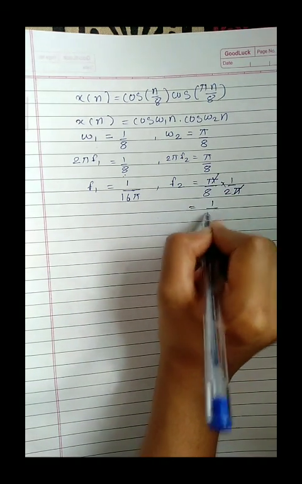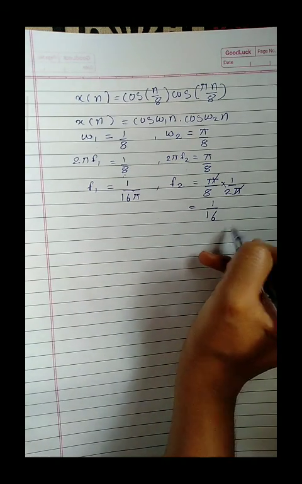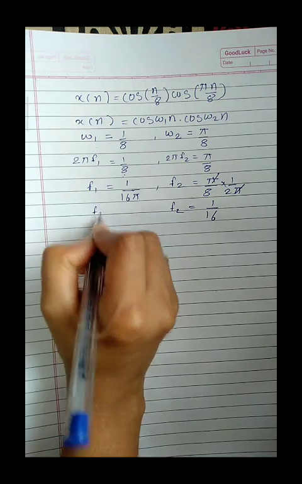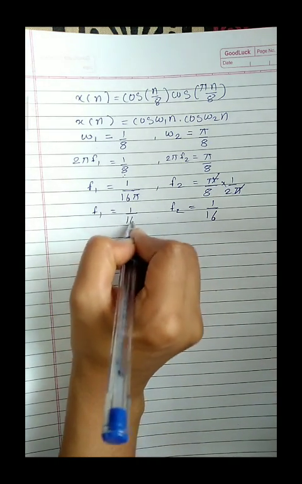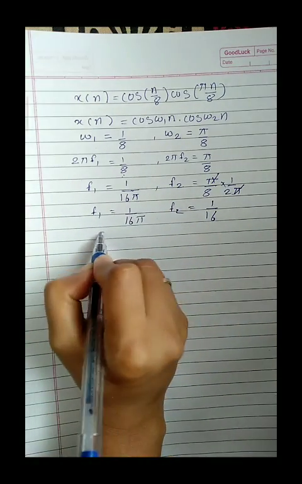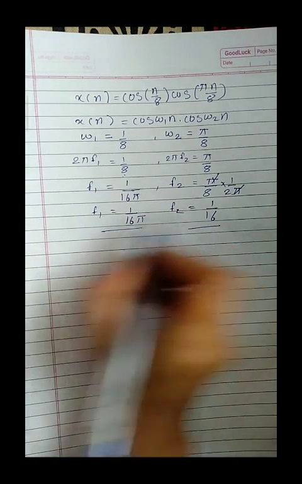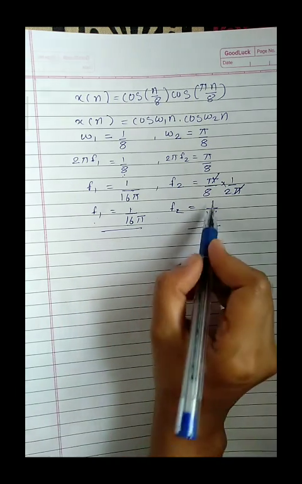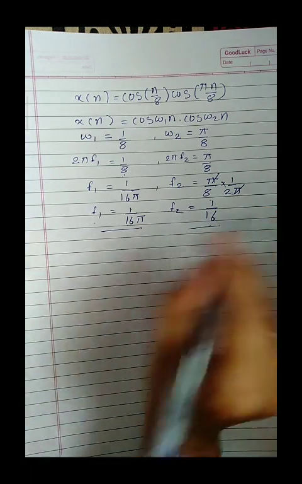The answer is 1 by 16. See these two ratios. f1 is 1 upon 16 pi and f2 is only 1 upon 16.